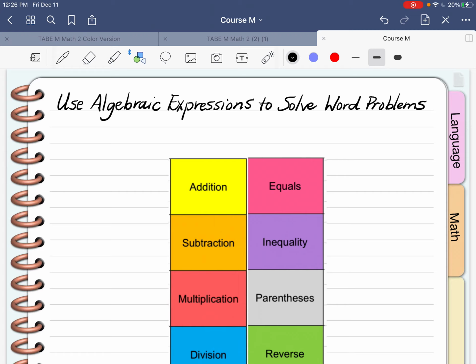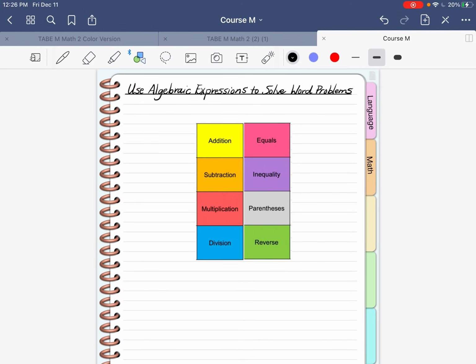One of my favorite things to do. And I've given you a memory piece this time that looks like this. Hopefully you have already cut it out.